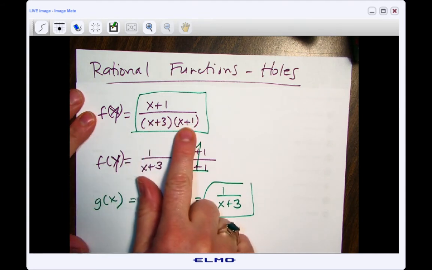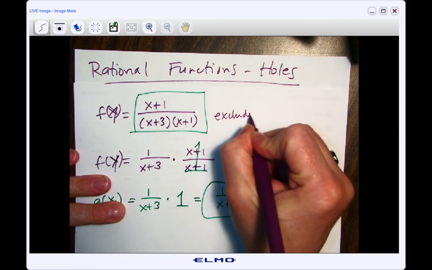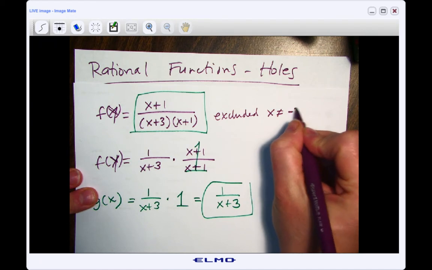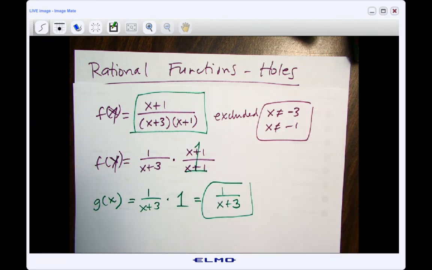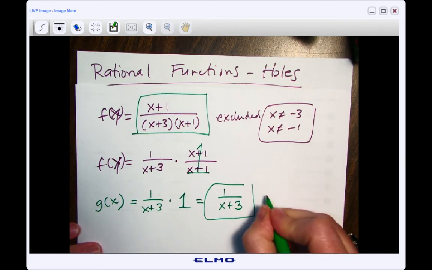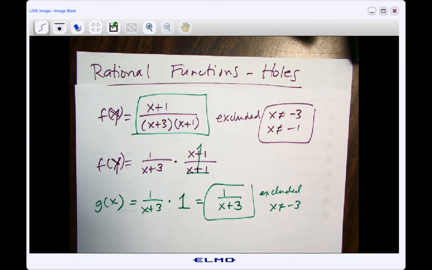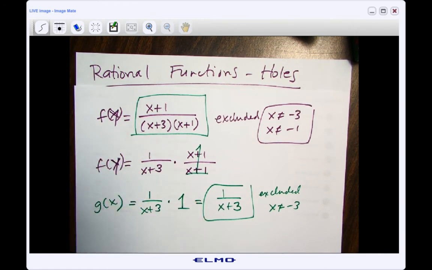So the excluded values here are x cannot equal -3 and x cannot equal -1, right? Those are my excluded values. But here, well, that's only the -3, right? x cannot equal -3. So this and this is not exactly the same. It's just very, very similar, okay?